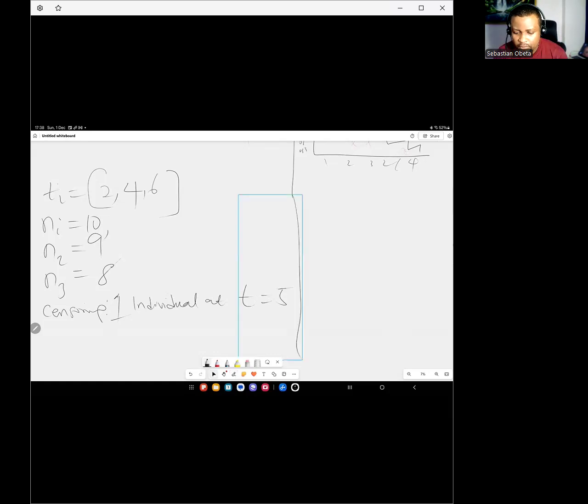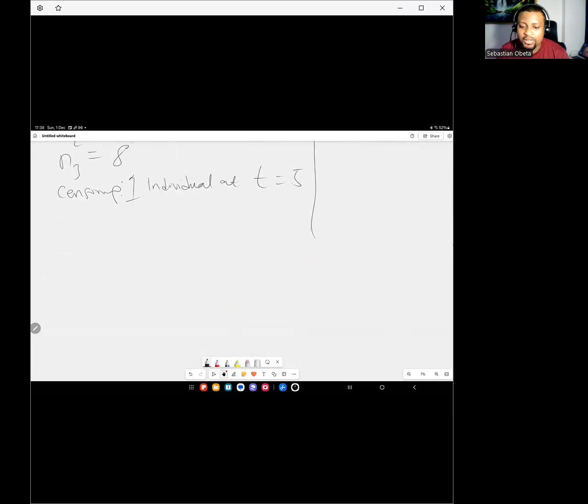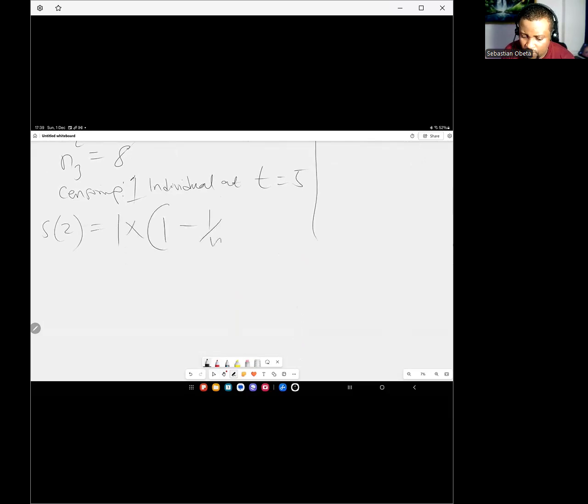Okay, so let's then calculate the KM calculation. For S of t, that's S of time 2, which will be 1. If we do this, we should have 0.9.